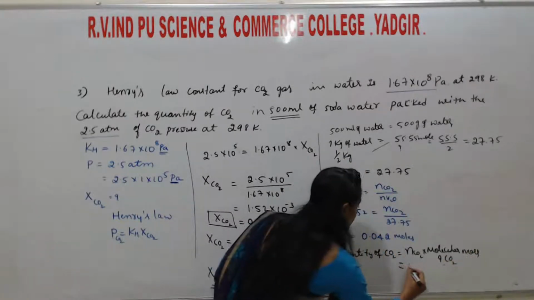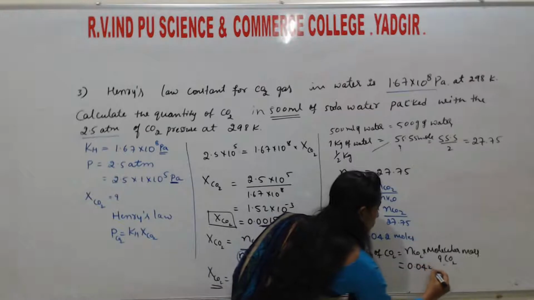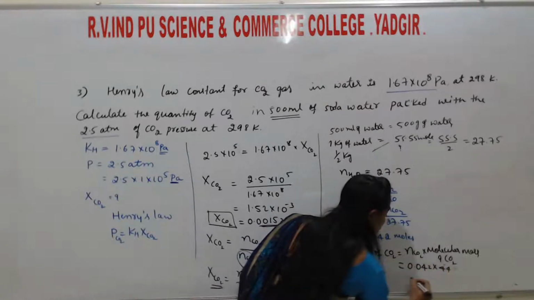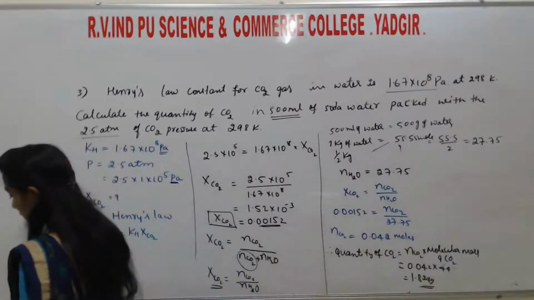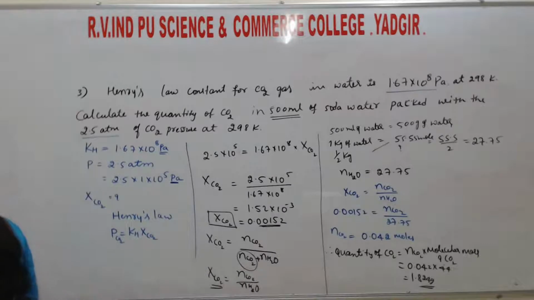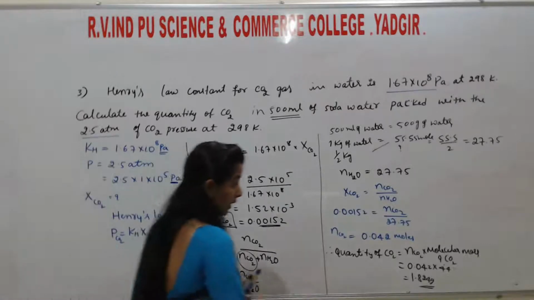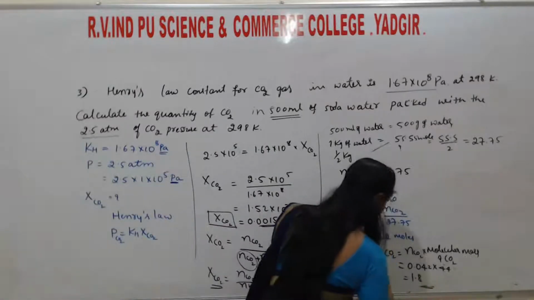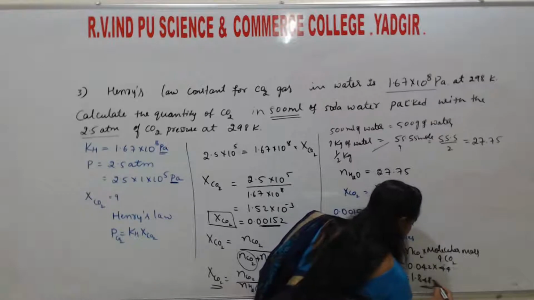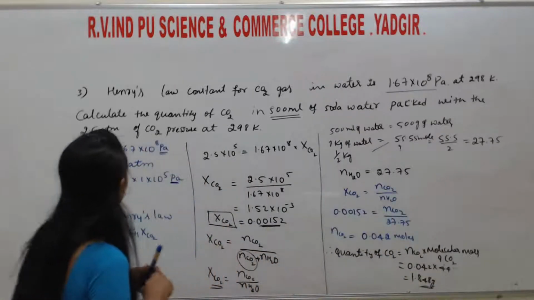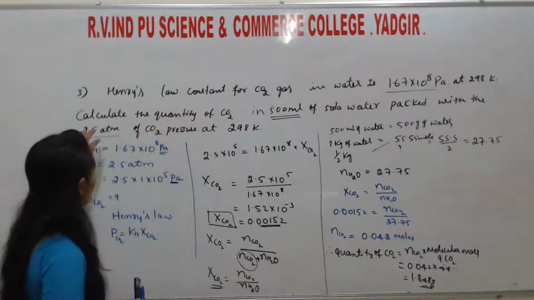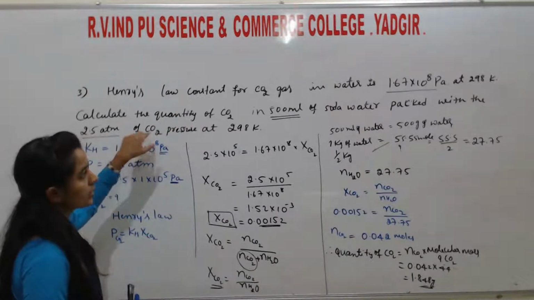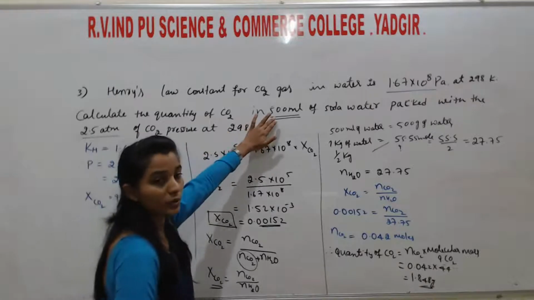N of CO2 is 0.042, and with the molecular mass you get approximately 1.848 grams. This is the quantity of carbon dioxide packed with the pressure of 2.5 atmosphere in 500 ml of soda water.